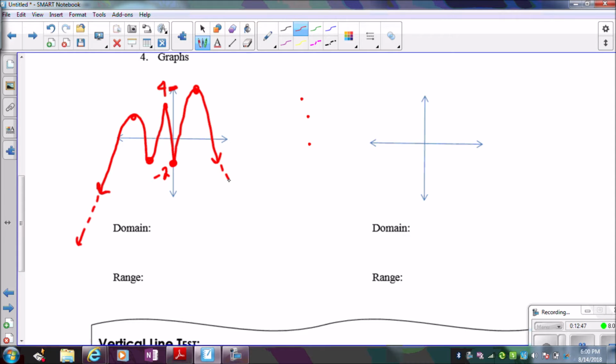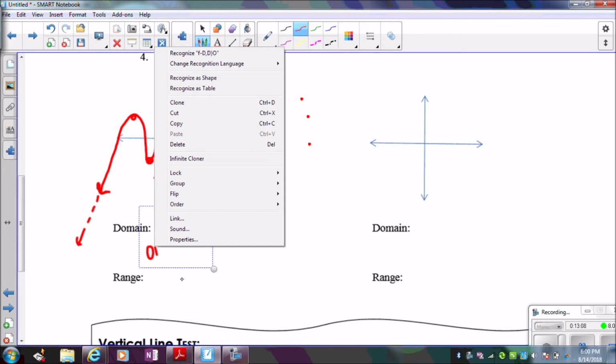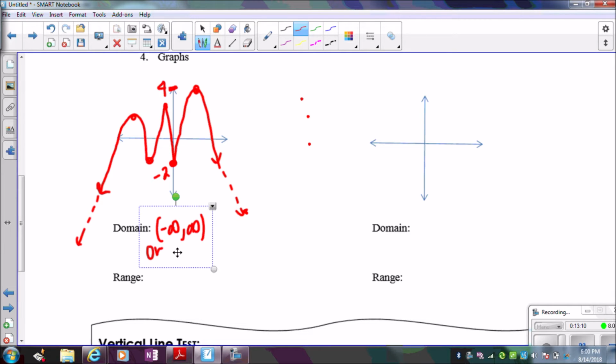And as I look left to right on my page, it's going to keep expanding. So I'm going to include all of those values. So for this one, your domain is going to be negative infinity to positive infinity, or you could simply say all real numbers.